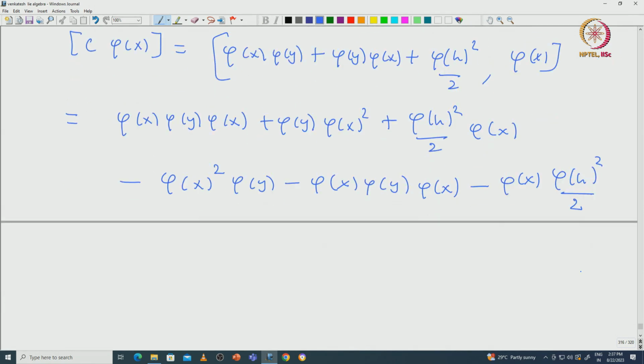Note that the terms phi x phi y phi x get cancelled, and we need to cancel others and then see what we get.